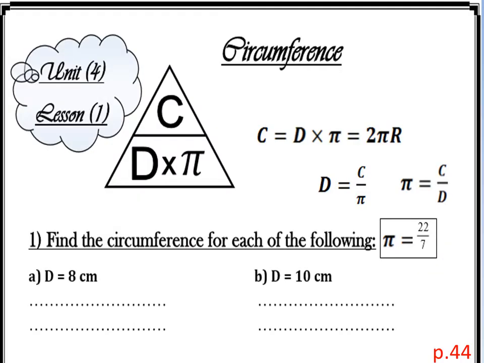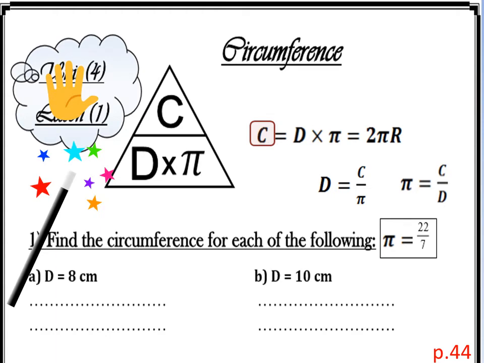And now here we have the magic triangle to find the circumference. If I ask about the C, I use my magic triangle: hide the C, and it will be D times pi, or also 2 pi r.